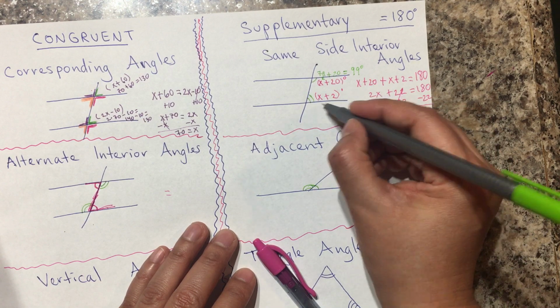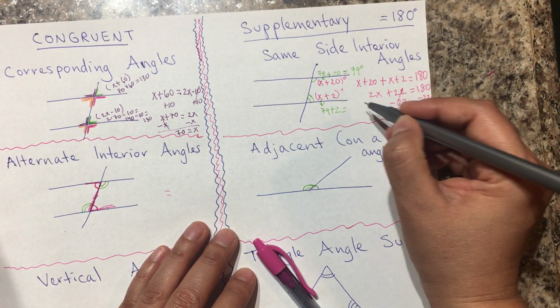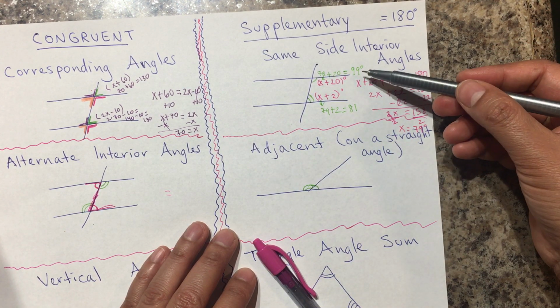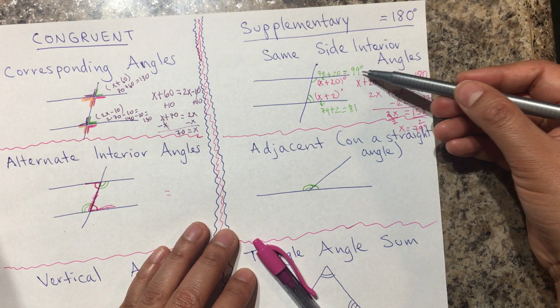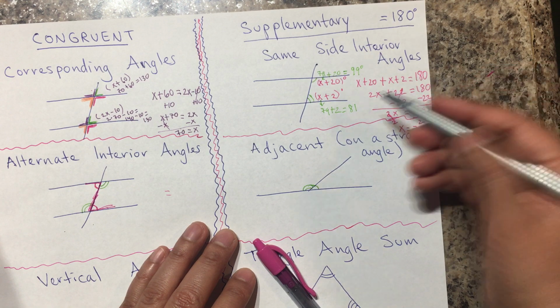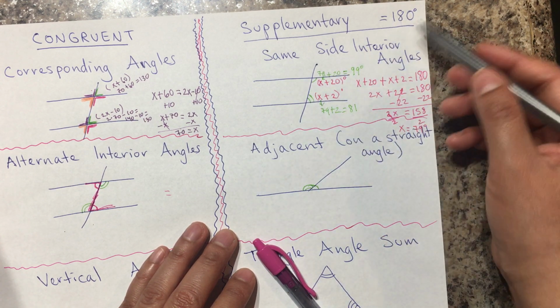Now in here, if this x is 79 plus 2, that gives me 81. And notice when I add these two together, that's 99 plus 1 is 100 plus the 80 is 180, which is what makes them supplementary.